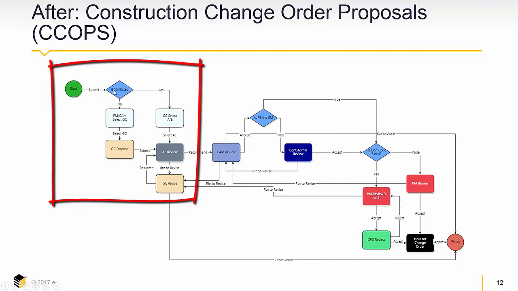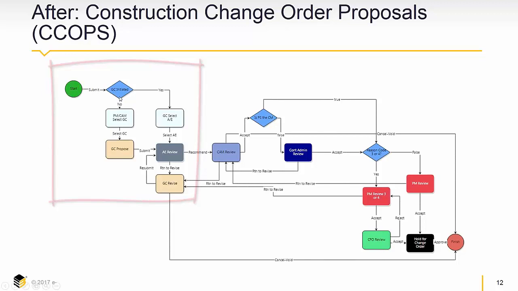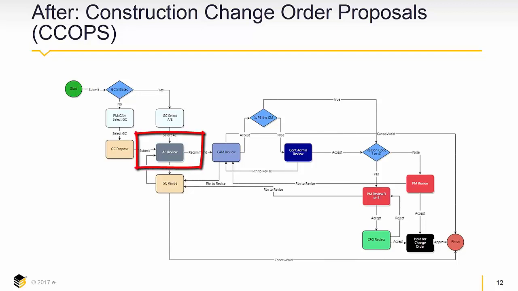The GC or the project manager or the construction manager can start the CCOP, the construction change order proposal. Depending on who starts it, it asks itself a question and then moves on for review by the architect or the engineer.